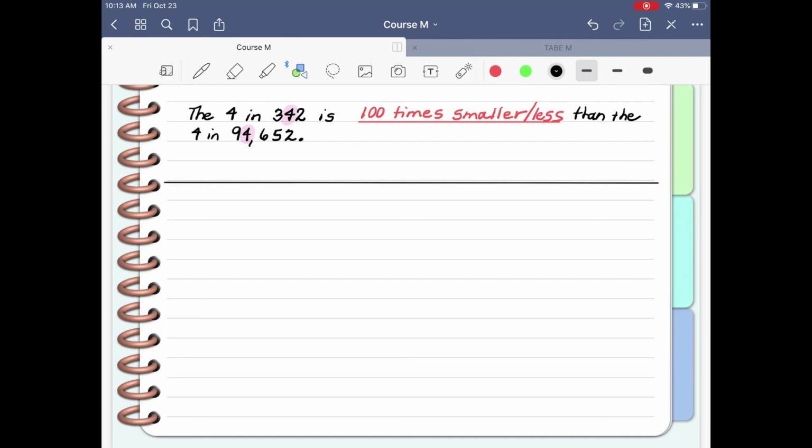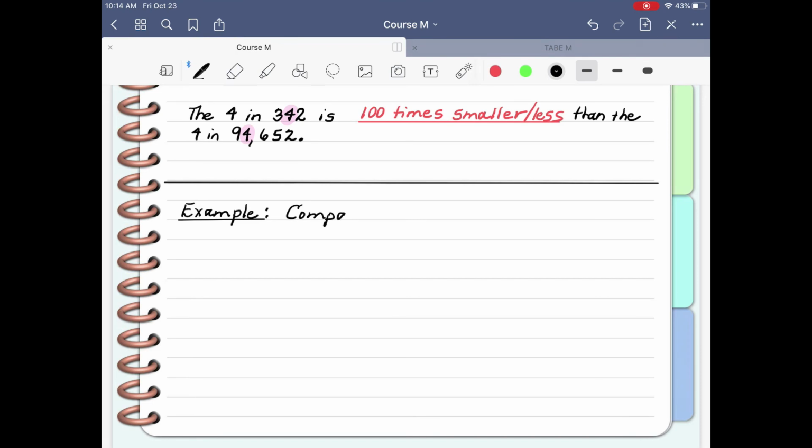So let's say, as our final example, and rather than have to write out that whole sentence, let's just shorten it.